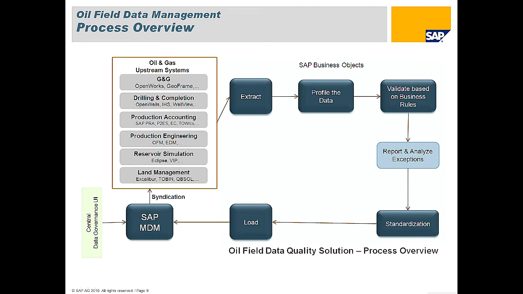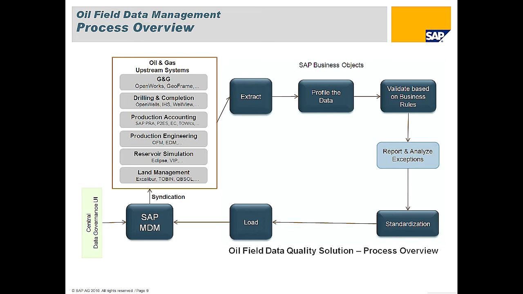On the G&G side, the customer may have applications like OpenWork or GeoFrame, on the drilling side they may be running WellView or OpenWells, and of course typically any customer would be buying a Well Master database from IHS. On the production accounting side, the customer would be running PRA or competitor products like P2E. So the landscape is typically complex and heterogeneous in nature.